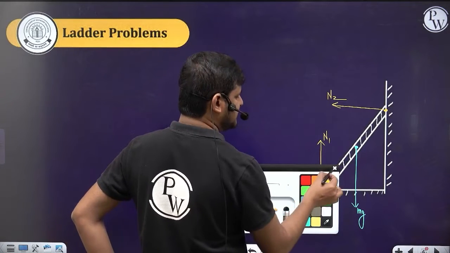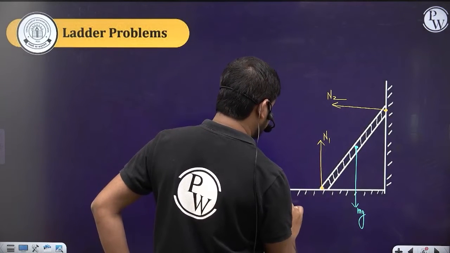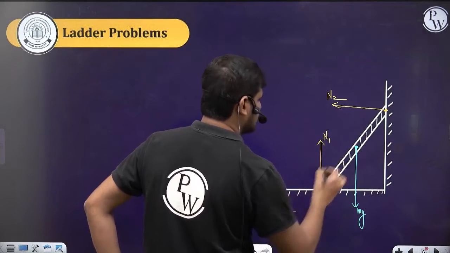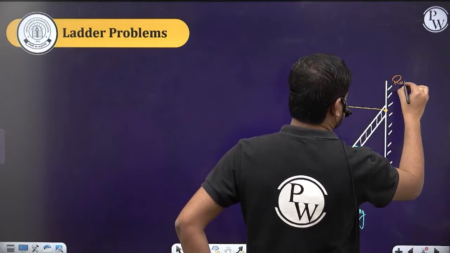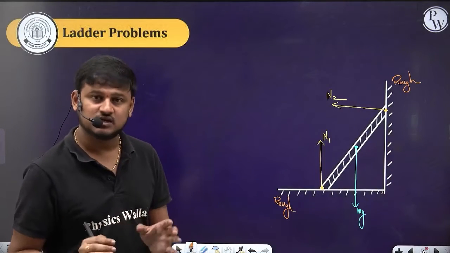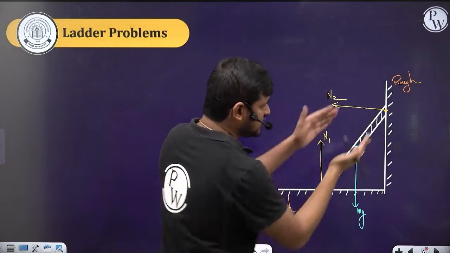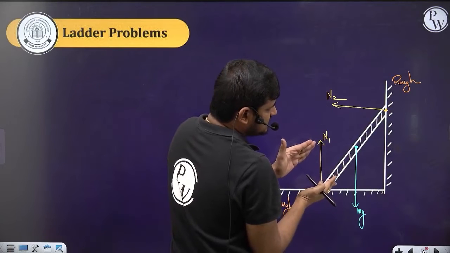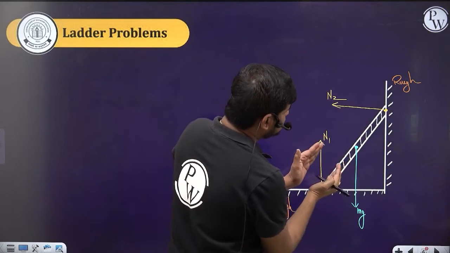Consider this is a rough surface, and let's consider this vertical wall is also a rough surface. Now to which side will the friction force act? Understand clearly guys. When you place a ladder like this against the wall, it tends to move this side.